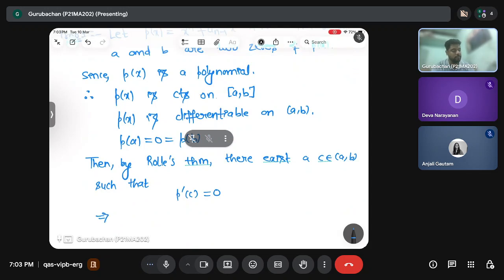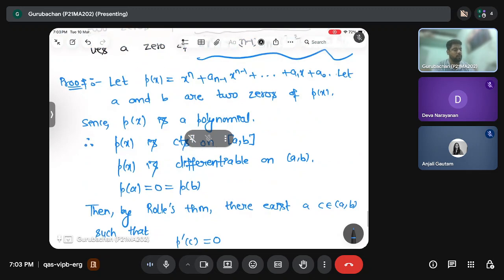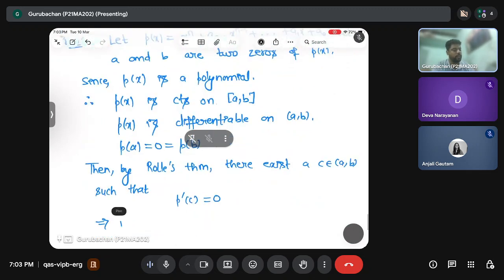That means, what is the derivative p dash x? The derivative p dash x is n x to the power n minus 1 plus (n minus 1) a n minus 1 x to the power n minus 2 plus ... plus a1, at x equal to c, which is 0.